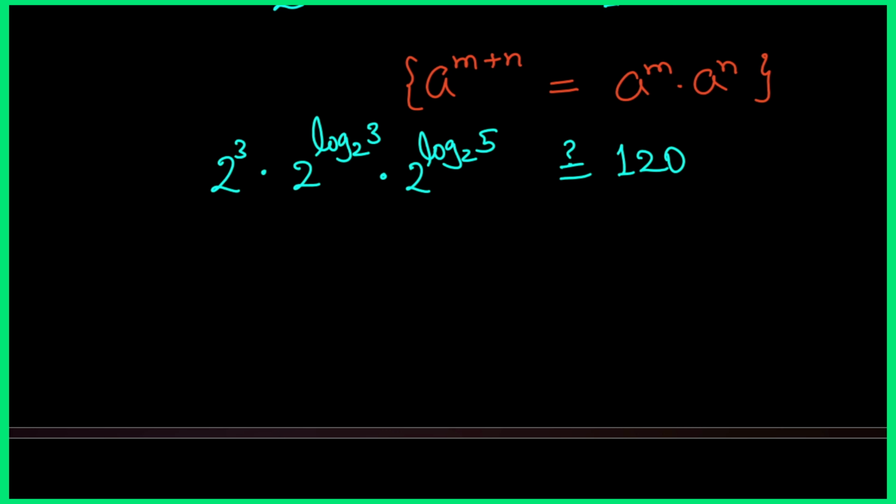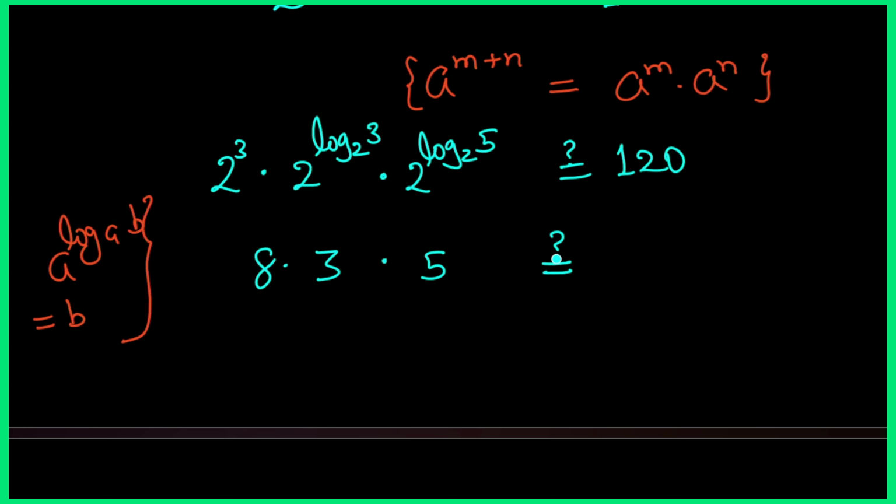Now 2 raised to power 3 equals 8, times 3, because a raised to the power log b to base a can be written as b, and it will become 5. And is it equal to 120?